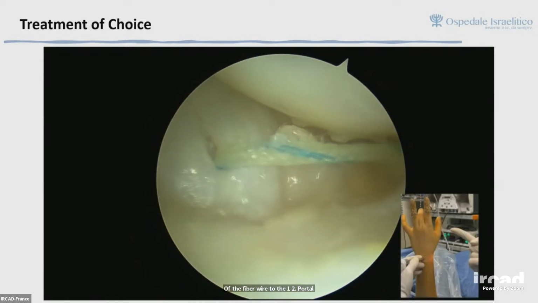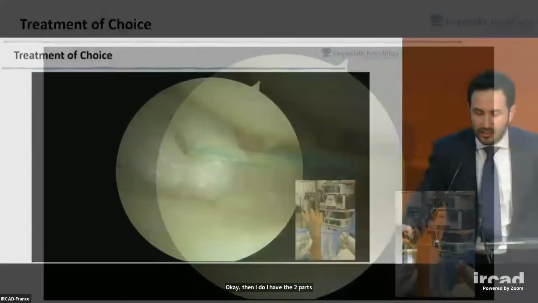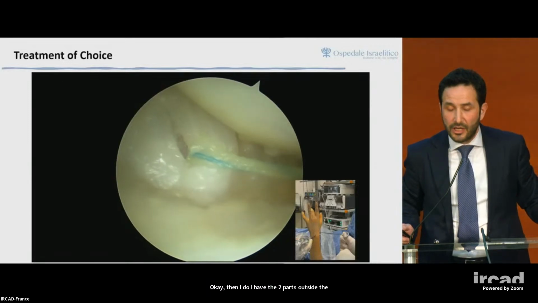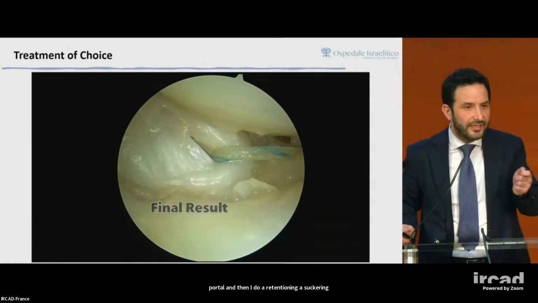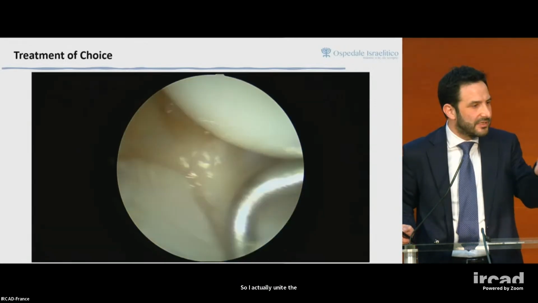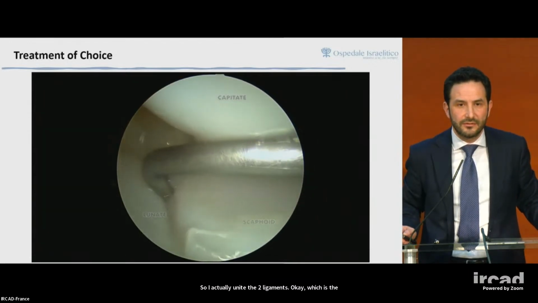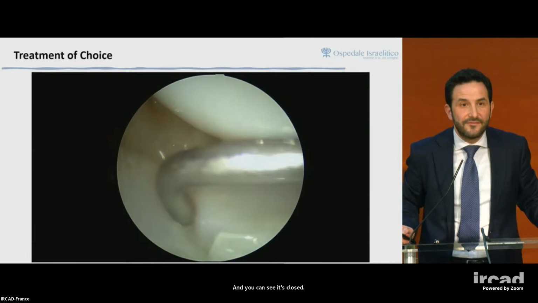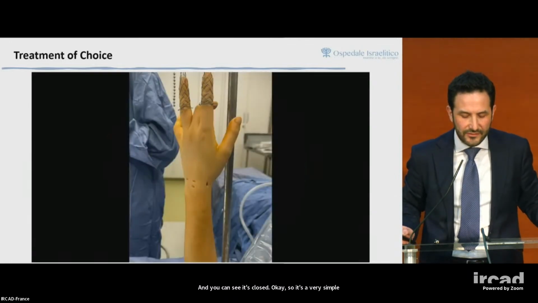Now I have the 2 parts outside the 1-2 portal, and I do a retensioning, an arthroscopic sliding suture. So I actually unite the 2 ligaments, which is the same principle that Stephen Moran gave us, and you can see it's closed. It's a very simple, very fast way, with small incisions, all dorsal.